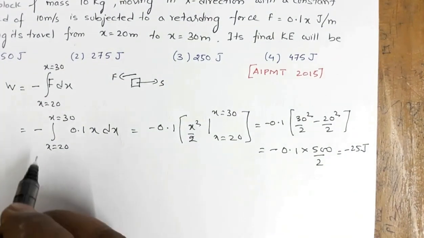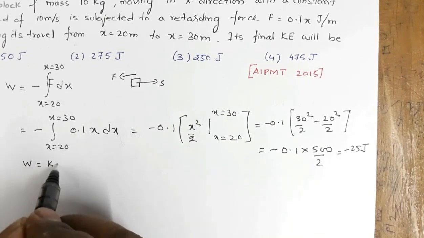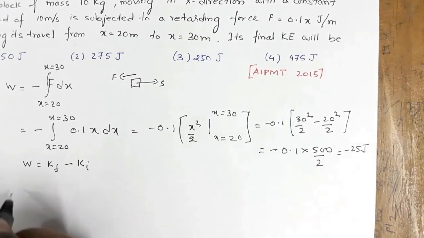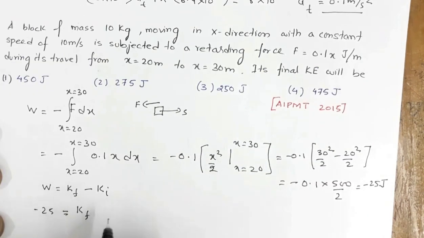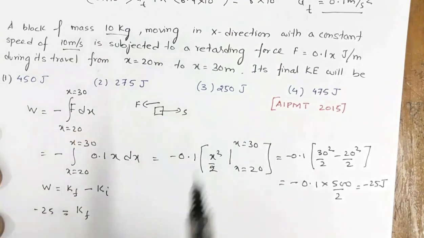Now the work energy theorem says that work done is equal to change in kinetic energy. That is, work done is equal to final kinetic energy minus initial kinetic energy. Now work done is minus 25 joule. We have to find the final kinetic energy. Okay. What is the initial kinetic energy? It is moving with the speed of 10 meter per second. Its mass is 10 kg.